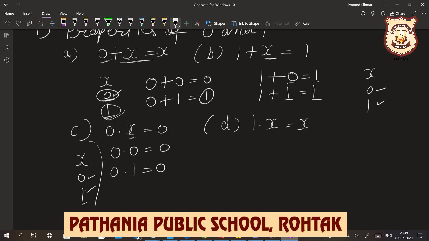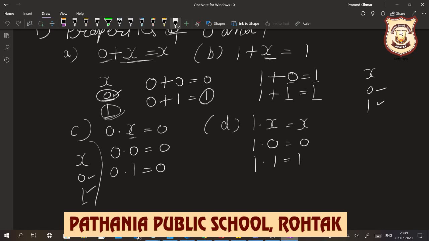If you multiply with 1, then also your answer is 0. And for example, next is 1 multiply x is equal to x. Here, first time our value is 0, so the answer is 0, and 1 multiply 1 is equal to 1.